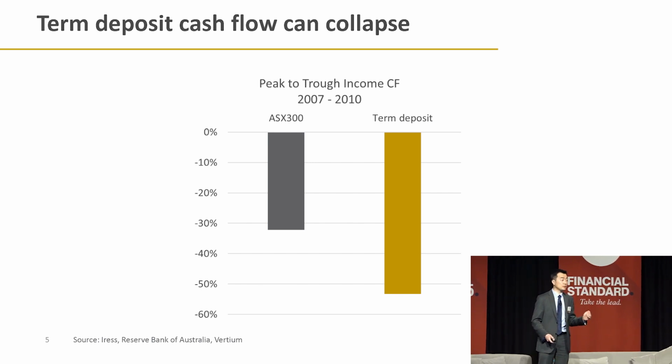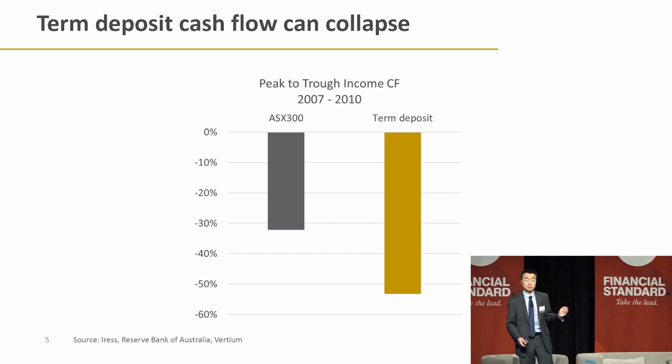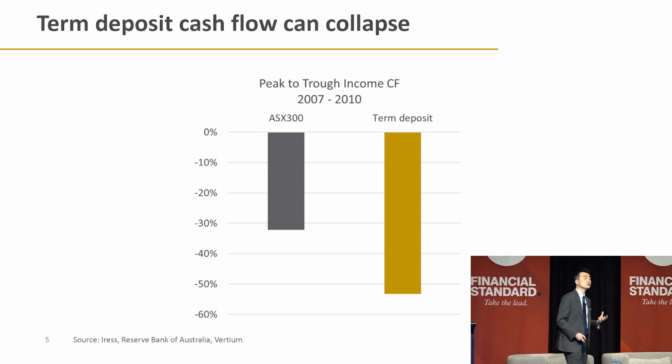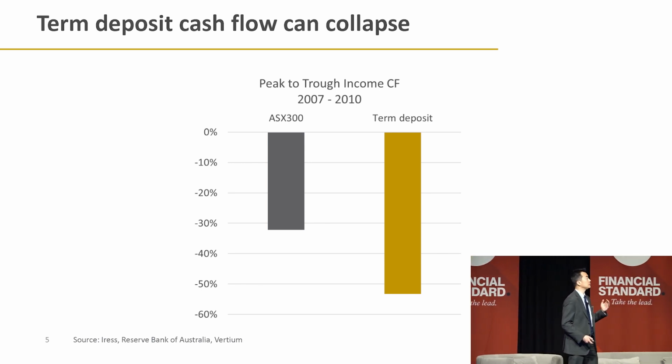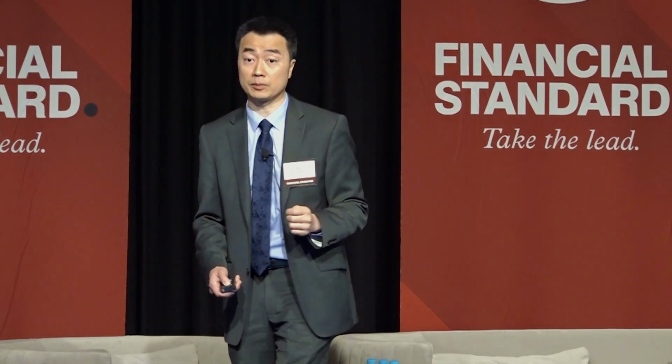To fend off a recession, the RBA had to cut rates. It cut rates so aggressively that the cash flows from term deposits fell close to 50%. So to totally rely on cash for income, right now it looks very juicy, but historically we know it is not stable. And obviously it's linked to the strength of the underlying economy.